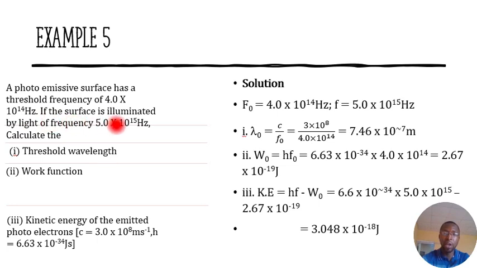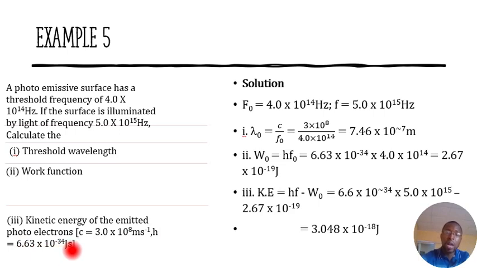If the surface is illuminated by light of frequency 5.0 times 10 to the power 15 Hertz, calculate the threshold wavelength, the work function, the kinetic energy of the emitted photoelectron. Given that the speed of light, which is c, is 3.0 times 10 to the power 8 meter per second, and the Planck constant, which is our h, to be 6.63 times 10 to the power minus 34 joule second.